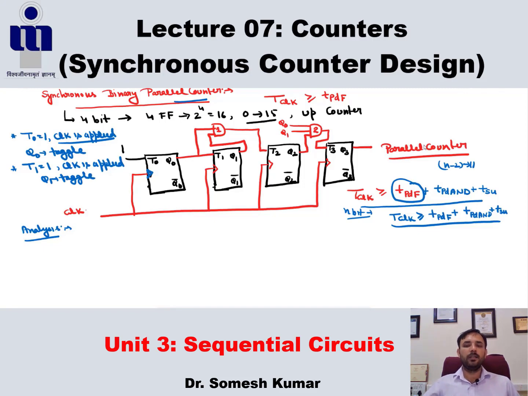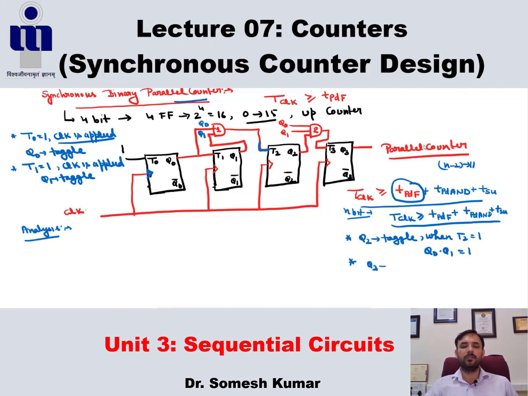Similarly, at what time does our Q2 toggle? Q2 toggles when T2 is 1. T2 is 1 when Q0 into Q1 is 1. Here this is Q0, this is Q1, and when the AND of Q0 and Q1 is equal to 1, only in that case T2 is 1 and Q2 toggles.